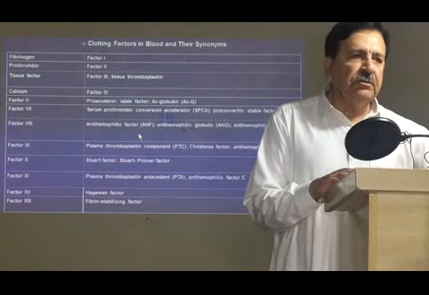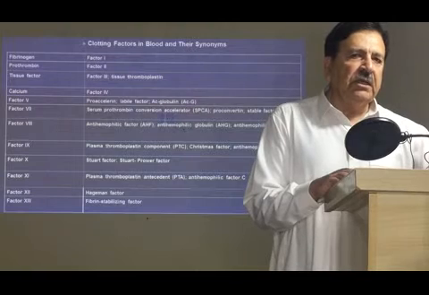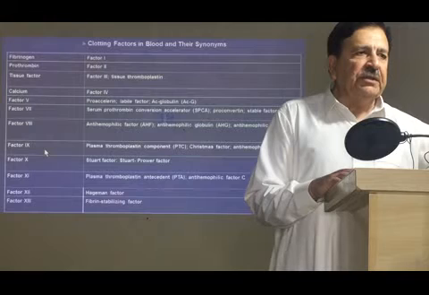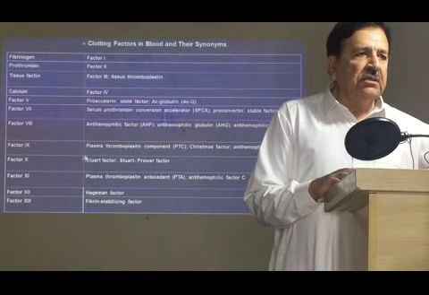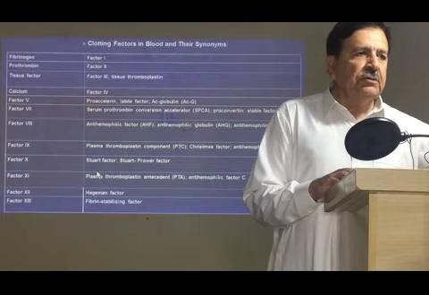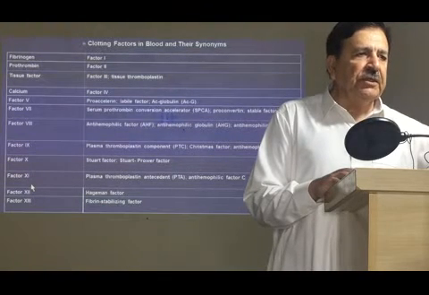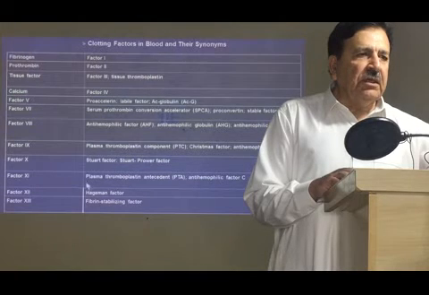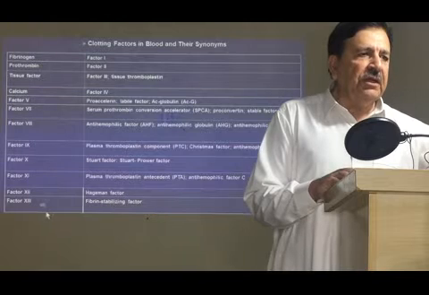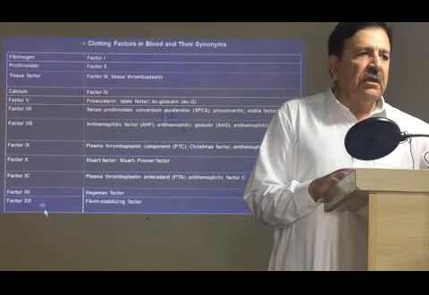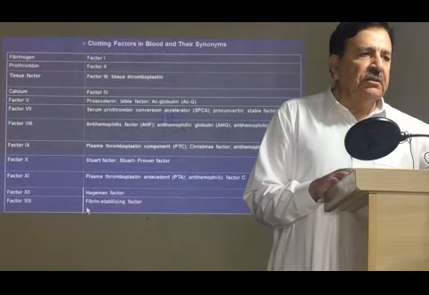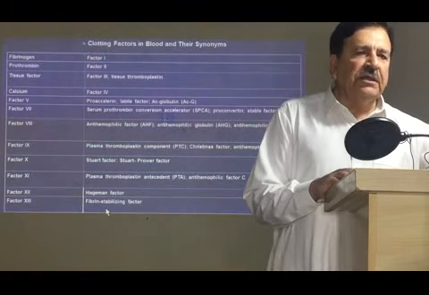Very important, as I told you, if a person is lacking this factor, he is prone to bleeding. Factor 9 is plasma thromboplastin component, factor 10 is Stewart factor, factor 11 is plasma thromboplastin antecedent, factor 12 is Hageman factor, and factor 13 is fibrin stabilizing factor.